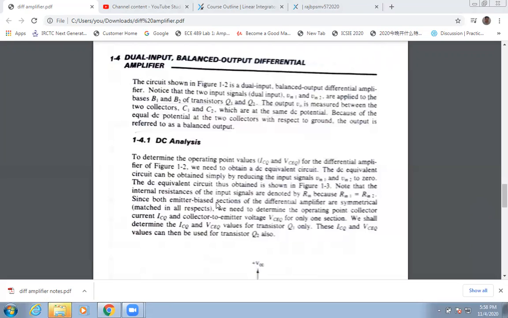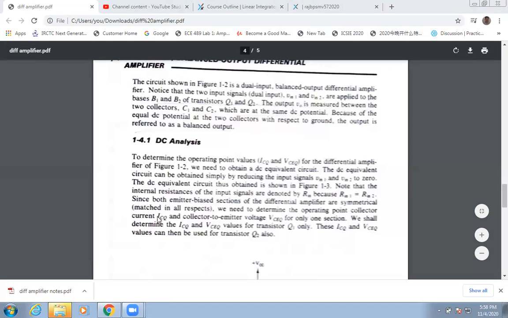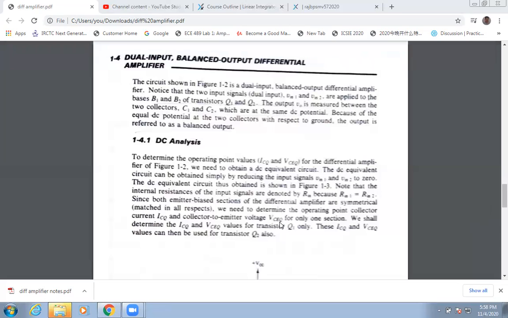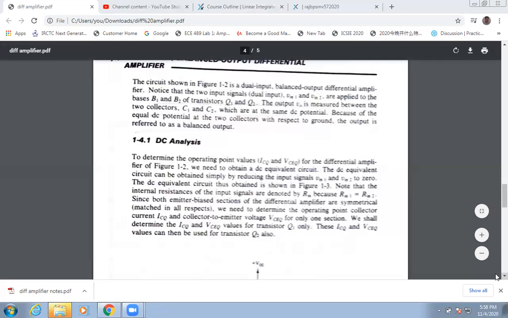Since both emitter bias sections of the differential amplifier are symmetrical, we need to determine the operating point, collector current ICQ, and collector to emitter voltage VCEQ for only one section. We shall determine ICQ and VCEQ value for transistor Q1 only. These values can also be used for transistor Q2.